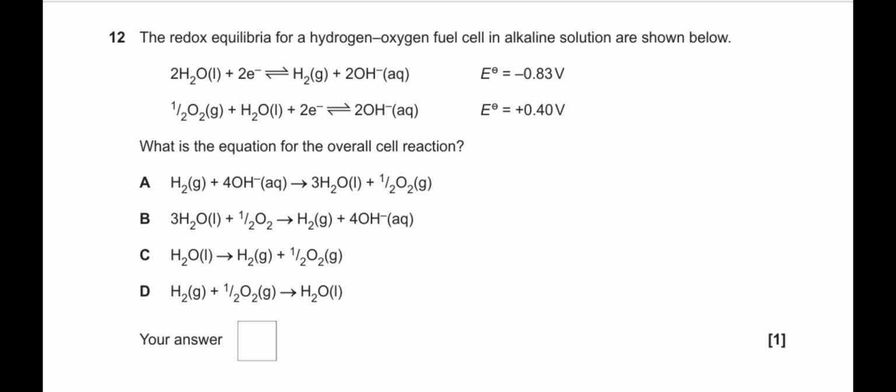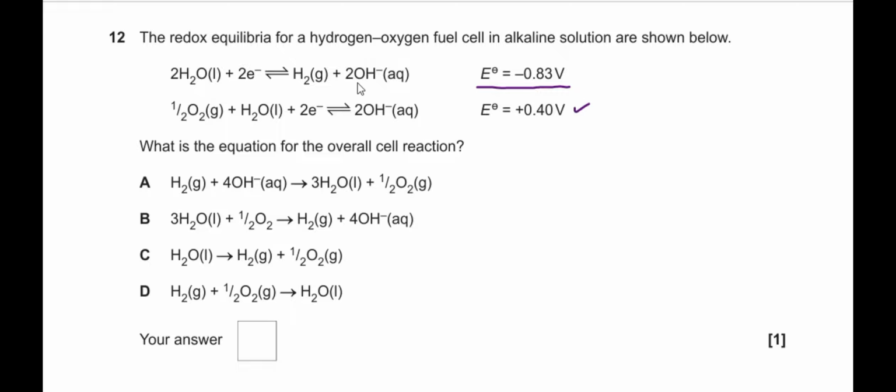Okay, so in this question, instead of going through the options A, B, C, D and figuring out which overall equation is the correct one, it's better to work out the overall equation from the available information ourselves and then compare. So this equation has got an electrode potential more negative than the second equation.